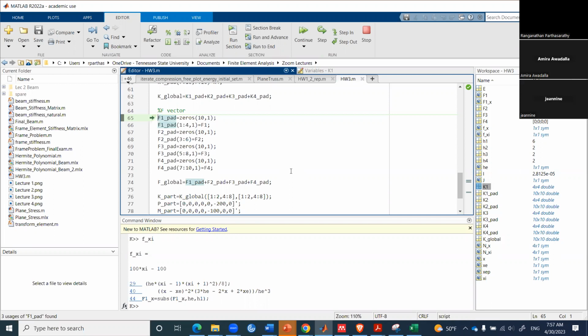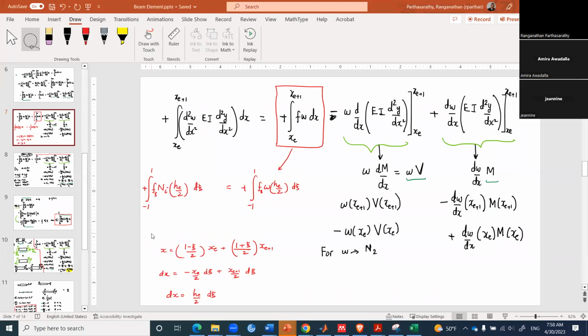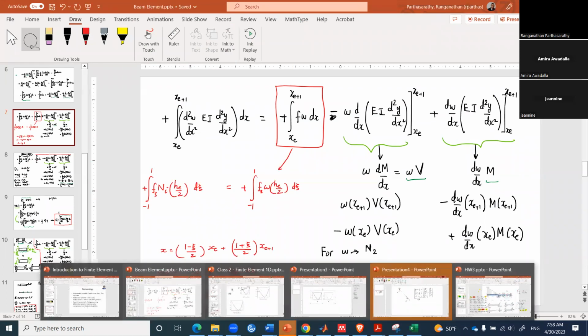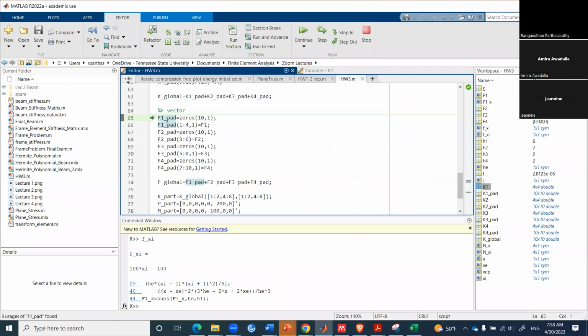I'm back. Yeah. So what I'm saying is the same kind of padding we are doing for the F function too. Since this integration should be done for every interpolation function, now we are doing it that way. So each of these f's for each element is a 4x1 vector, right? Yes.